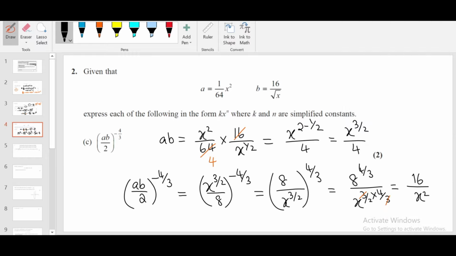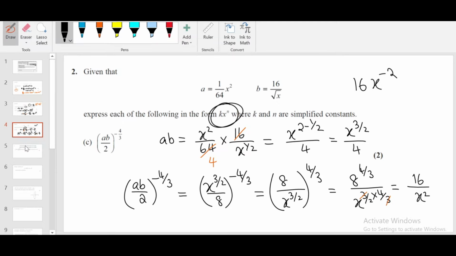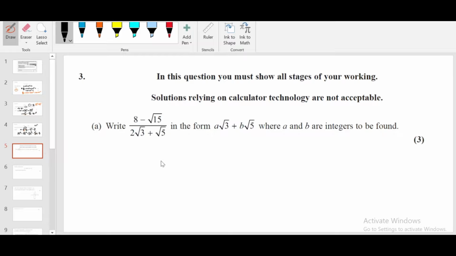So they want you to write it in this form. You can write it as 16x power minus 2. That's another 2 mark question. You see, for this question, total of 4 marks, all you need to know is how to apply laws of indices carefully. Let's move on to question number 3 now.